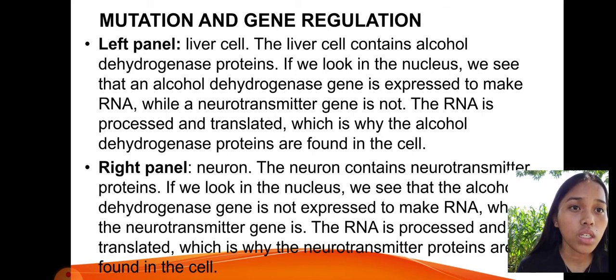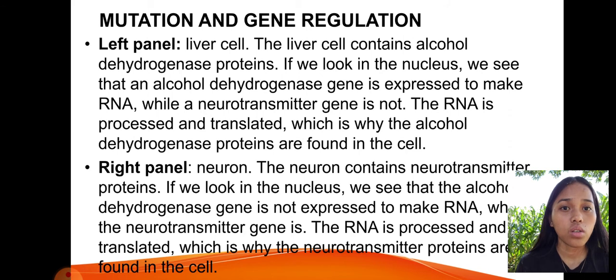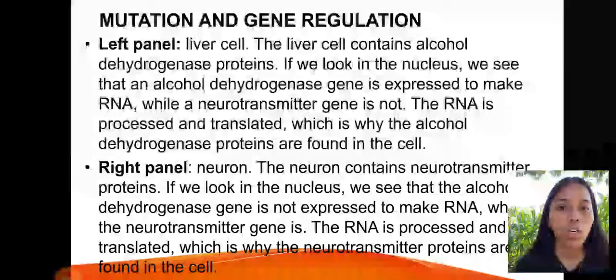If we look in the nucleus, we see that an alcohol dehydrogenase gene is expressed to make RNA, while the neurotransmitter gene is not. The RNA is processed and translated, which is why the alcohol dehydrogenase proteins are found in the cell.